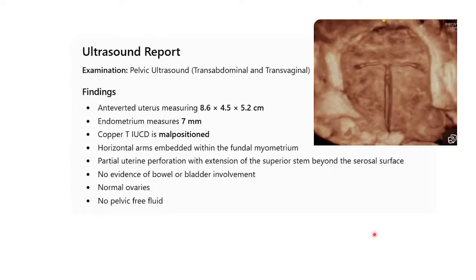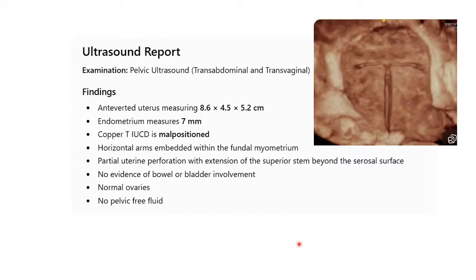So let's now dwell on the ultrasound case report. How do you write the report? Examination: pelvic ultrasound, transvaginal and transabdominal. Findings. This is how you can write a very simple report. Anteverted uterus measuring 8.6 by 4.5 by 5.2 centimeters.